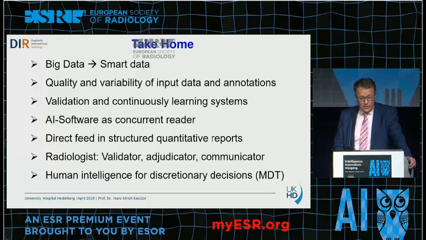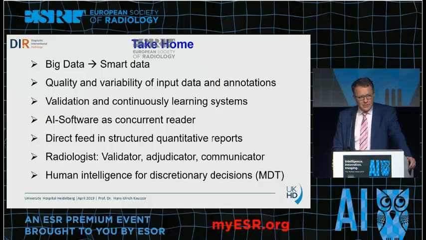That's why we need validation, and we need continuously learning systems. And as I presented, I think AI software can be used as a concurrent reader or as a pre-read to prioritize your working list, for example. And we certainly would, in addition to what Paul said about the workflow, we will need a direct feed into structured quantitative reports.